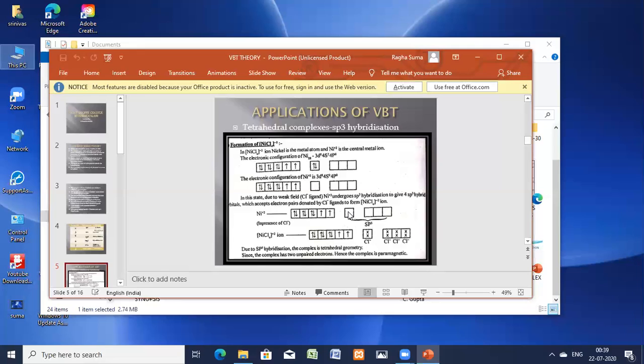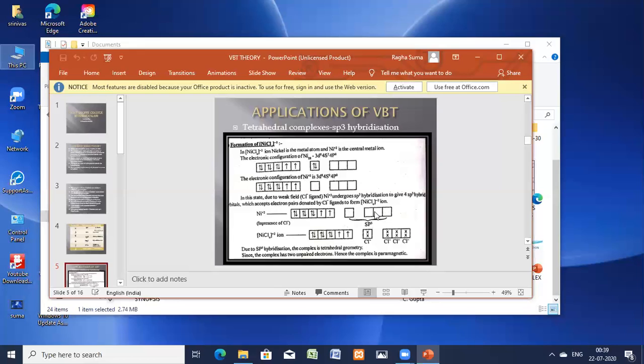Each hybrid orbital you call sp3. Such sp3 hybrid orbitals are 4, same number. So 1 s and 3 p combine, undergo sp3 hybridization, and 4 sp3 hybrid orbitals are formed.